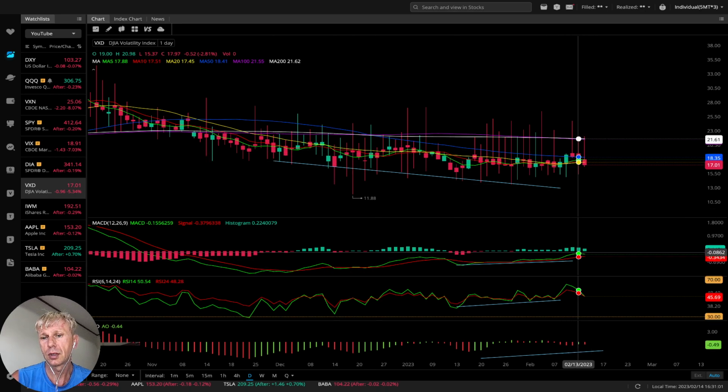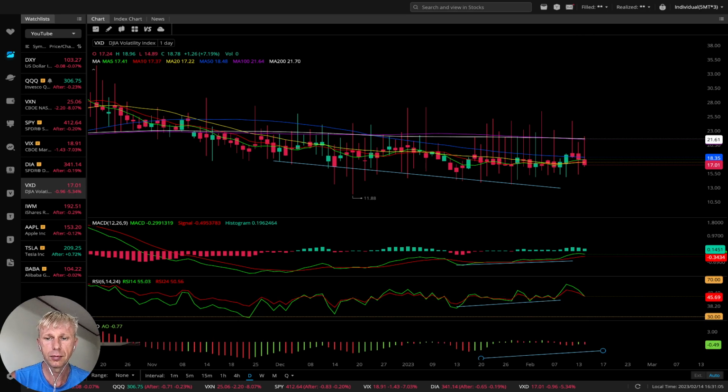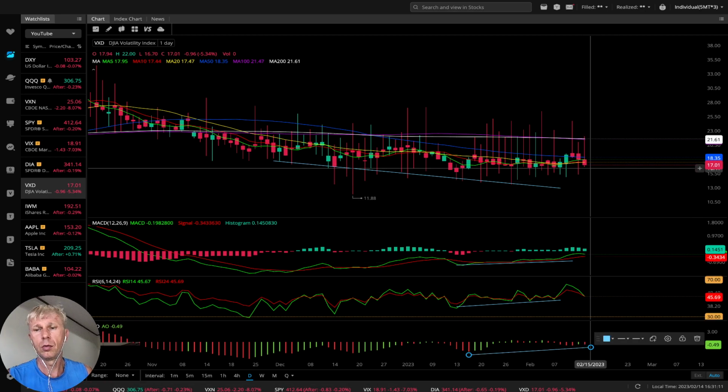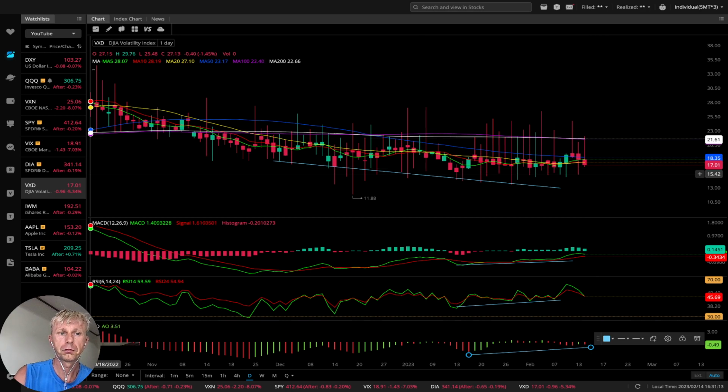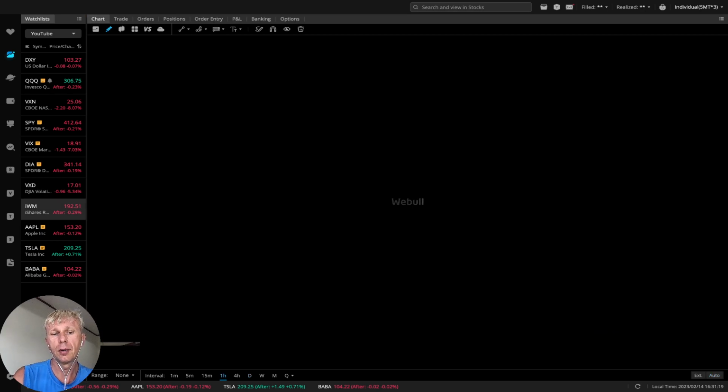MACD still bullish, RSI ready for bearish crossover, awesome oscillator already bearish, already red. Last bar closed below all moving averages, minus 5.5%.